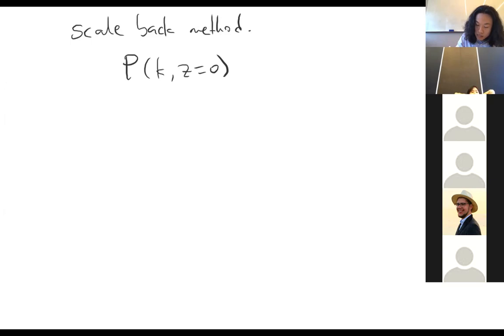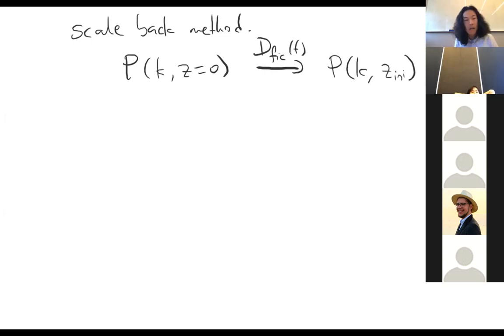And then we use a fictitious growth factor, D_fic of t, to scale this back to the initial time of the simulation. I call this fictitious because this growth is not the real growth with all the linear theory components included. This includes only CDM clustering. So I'm assuming cold dark matter is the only thing that contributes to the universe's growth. So when I get back to here, this is going to be a fake universe.